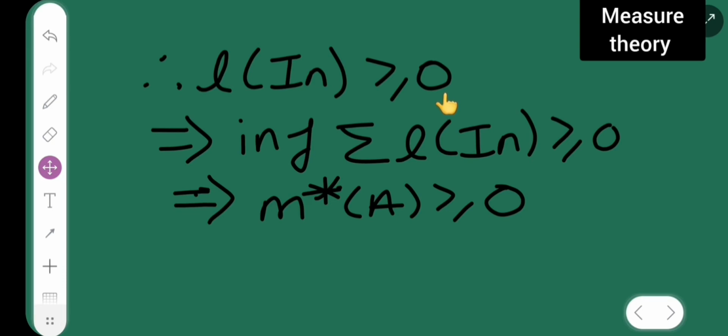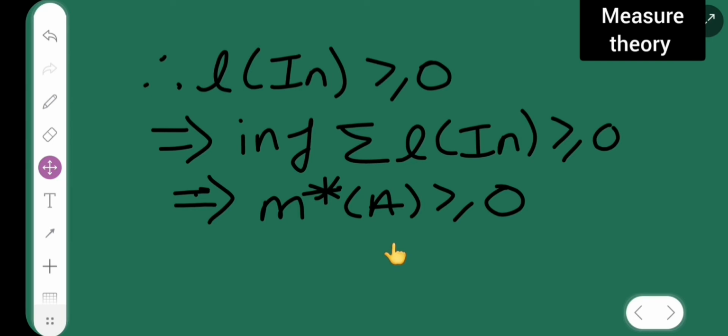Taking infimum, the infimum of the summation of the length of In is greater than or equal to 0. Since In covers A, this implies M star of A is greater than or equal to 0. So we have proved the first property.